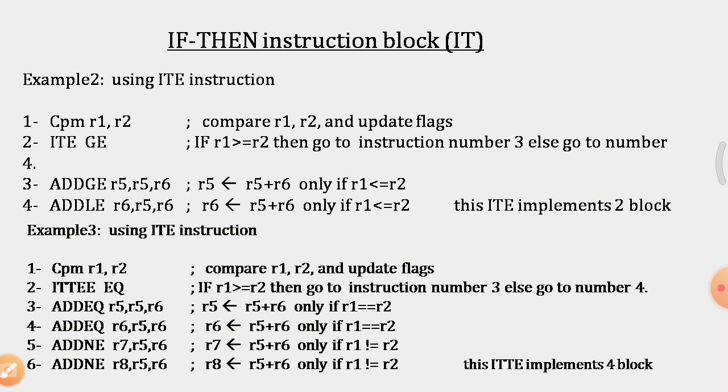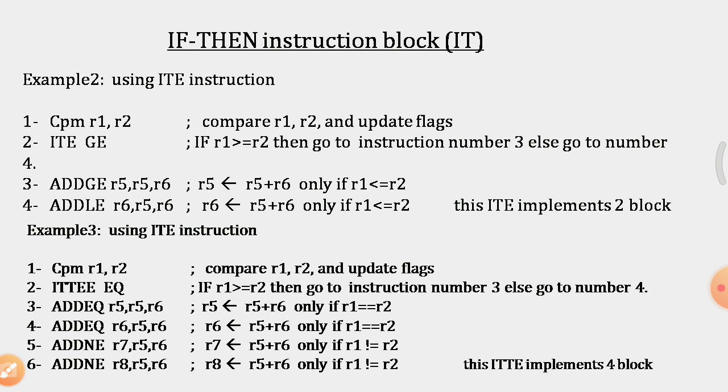So here, if R1 is equal to R2, 2 times then is going to be executed. That is, add EQ R5, add EQ R6. Line number 3 and line number 4. Else, if R1 is not equal to R2, then these 2 instructions are skipped.